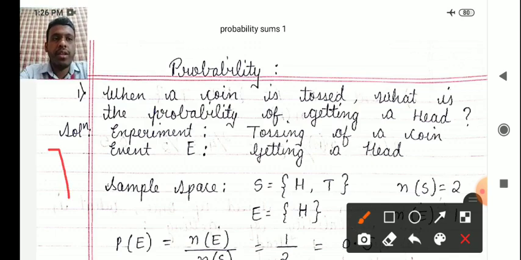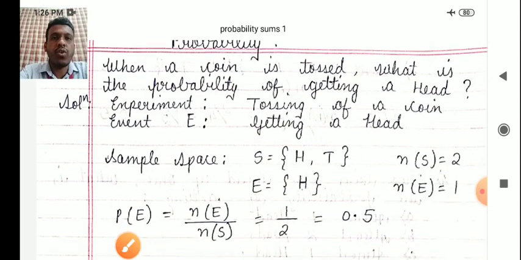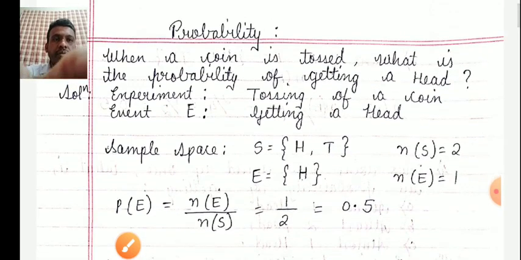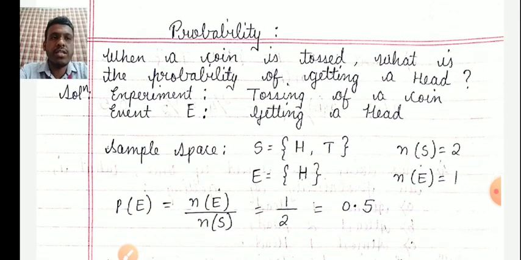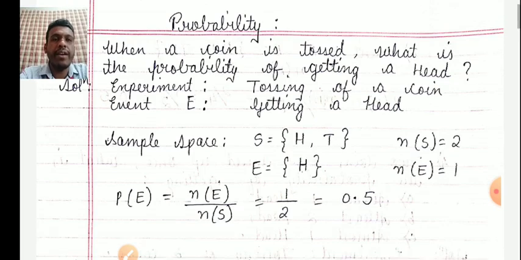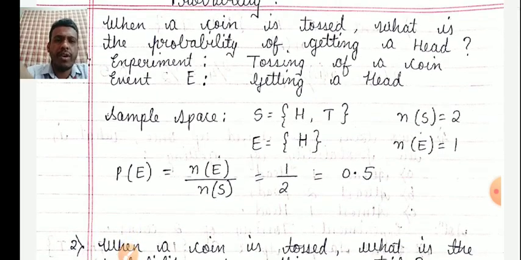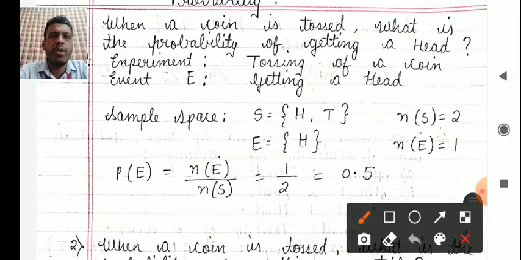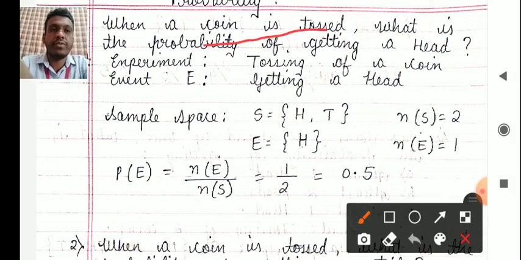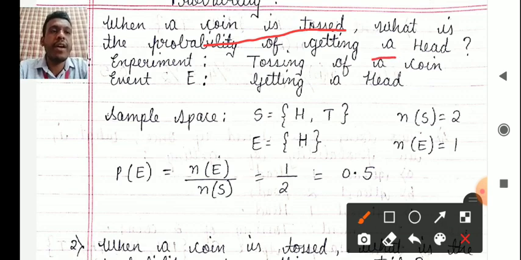When a coin is tossed, what is the probability of getting a head? Simple problem. So what is the experiment here?